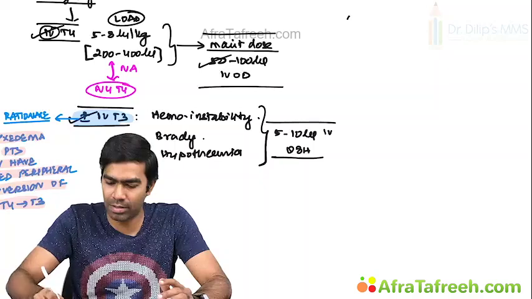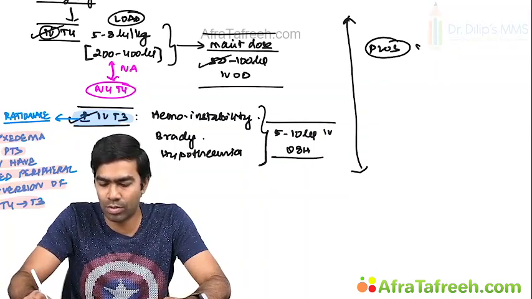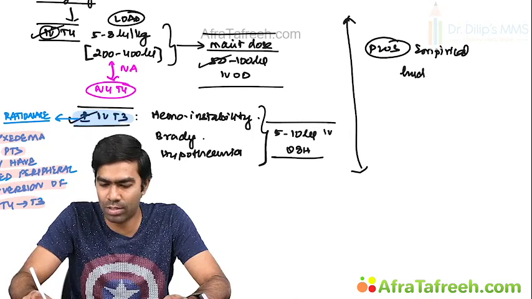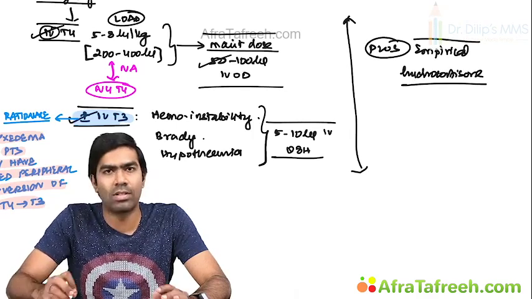Fine. But whatever you do, when a patient is having a myxedema crisis, do not forget to add an empirical hydrocortisone. You have to definitely give an empirical steroid. Empirical hydrocortisone is mandatory. Why? The reason is very simple.